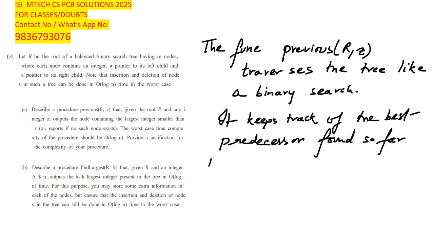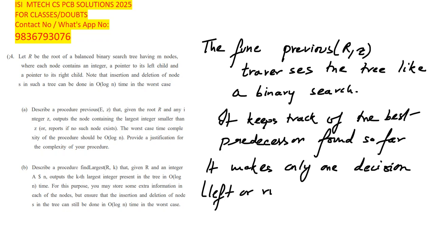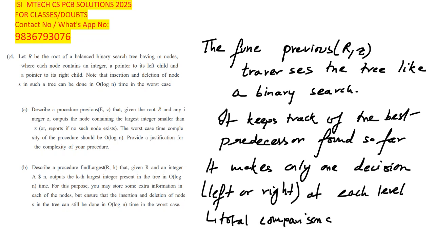Okay, and it makes only one decision, left or right, at each level. So the total comparisons is O(log n). So therefore the algorithm is correct and efficient.